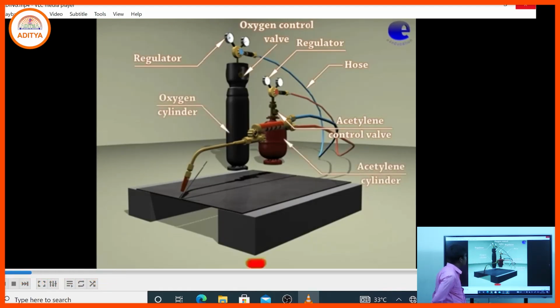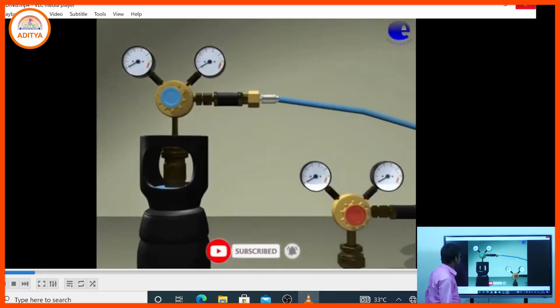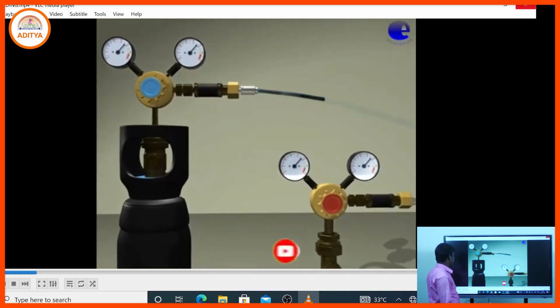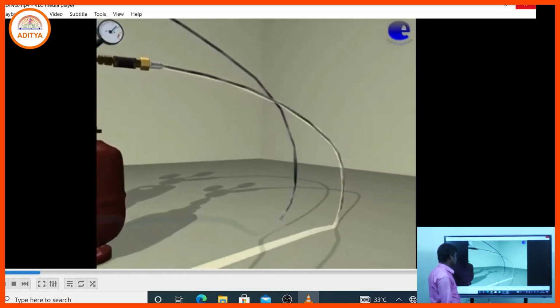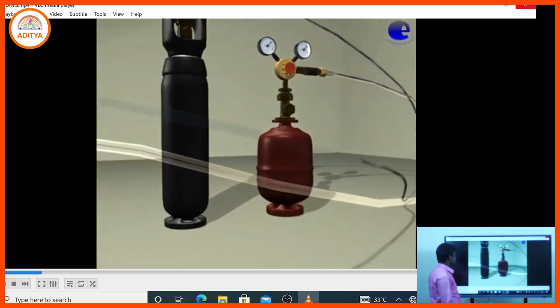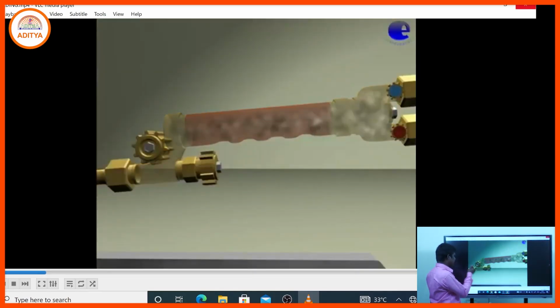That is the oxygen cylinder and that is the acetylene cylinder. That is the hose pipe through which we send the acetylene and oxygen.